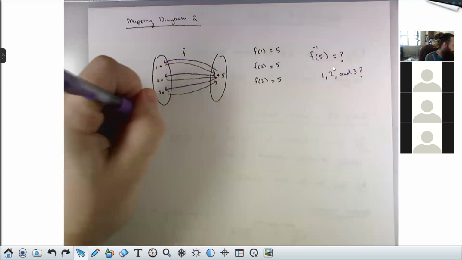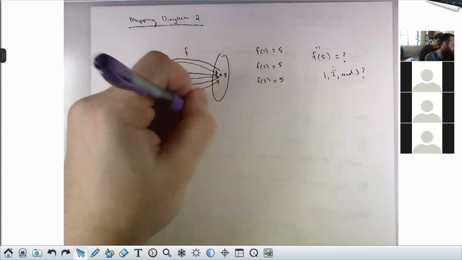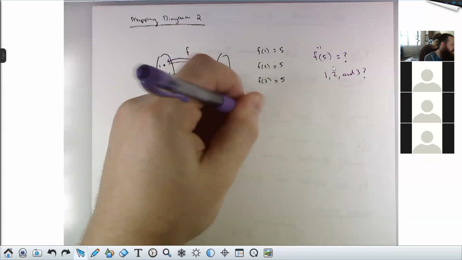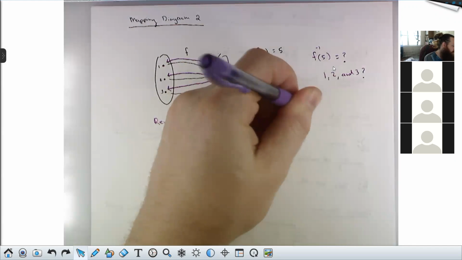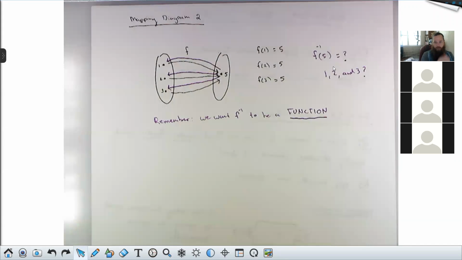But remember, we want F inverse to be a function. Is it possible for a function to send the single input 5 to the 3 different outputs 1, 2, and 3? Yeah, this wouldn't be a function.